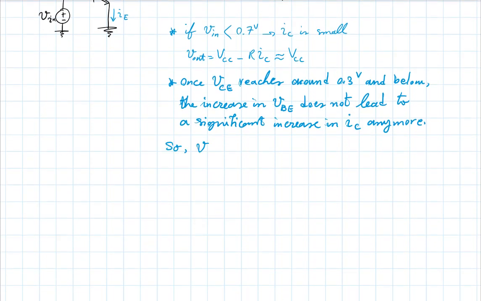So V out, which is VCC minus RIC, does not change with V in in a significant way anymore.